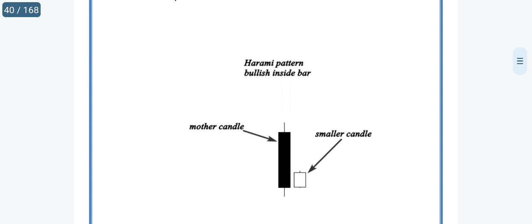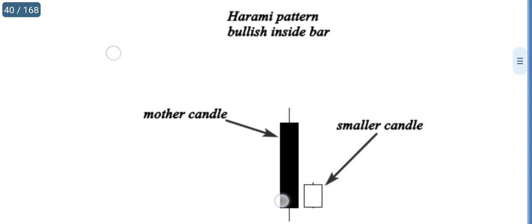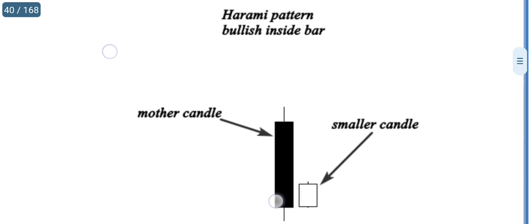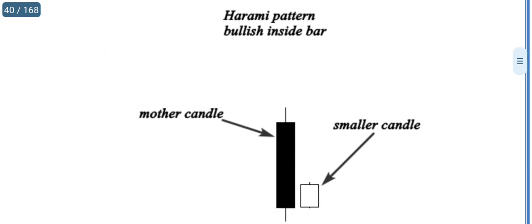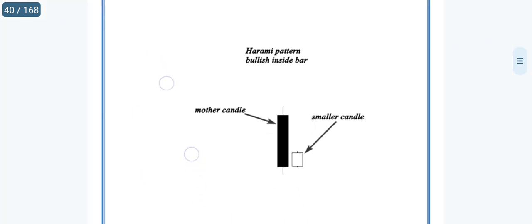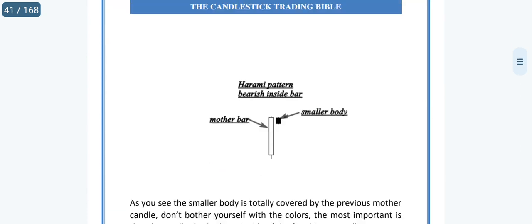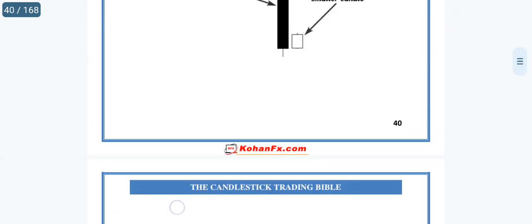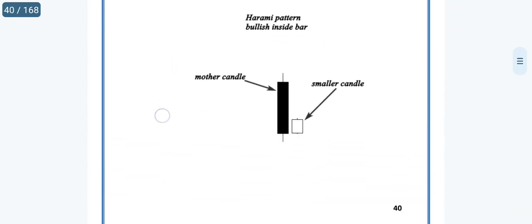We have the mother candle and the smaller candle, which we call the baby candle. This is how the Harami pattern looks like. You can observe it very well. We have two of them.